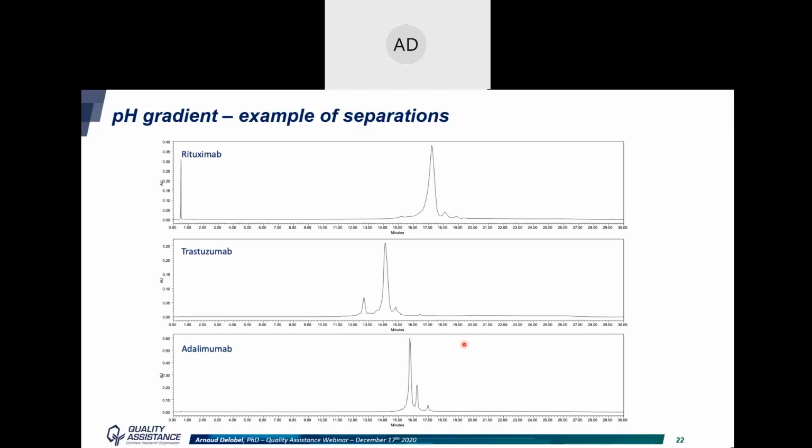If you want to optimize the method, you can still play on the gradient that you use, the slope, the starting and end pHs. And in that case, you can slightly improve the separation, but in our hands, we were not able to obtain separations that were as good as what we obtained with salt gradient, specifically for adalimumab.